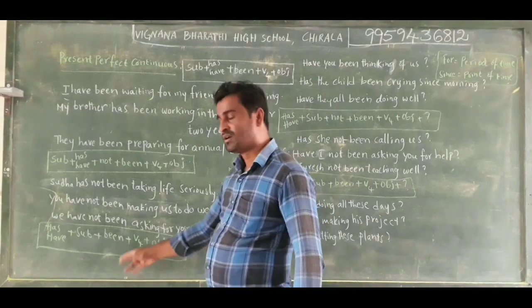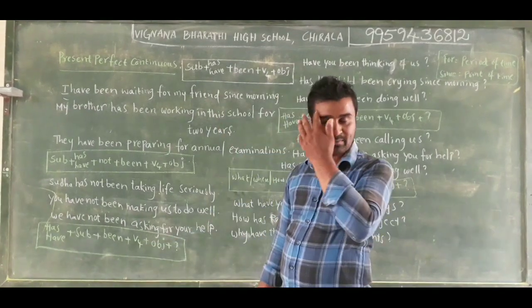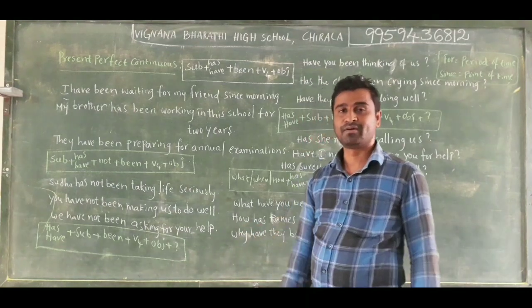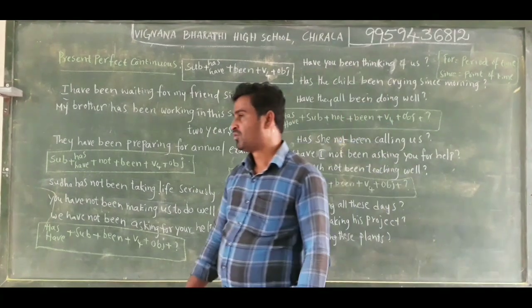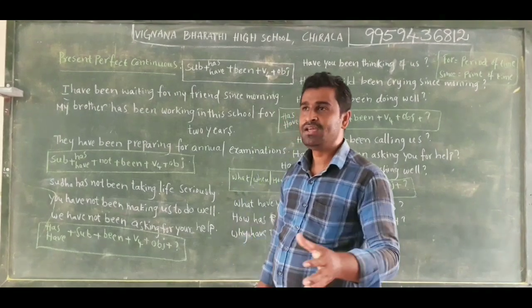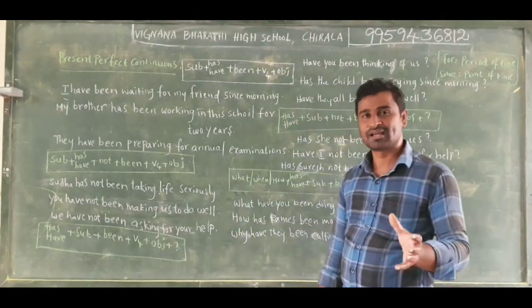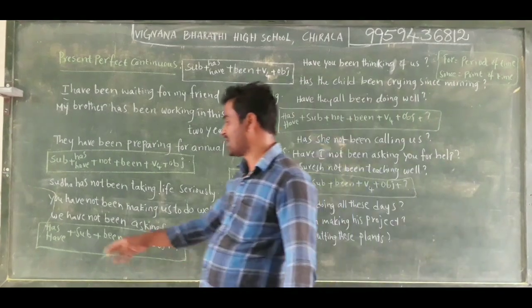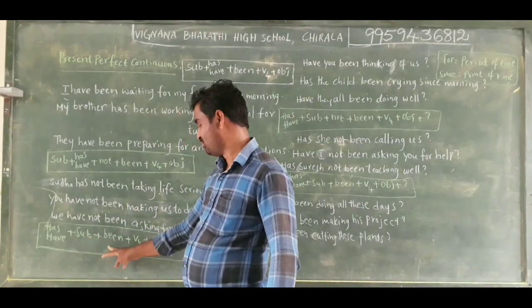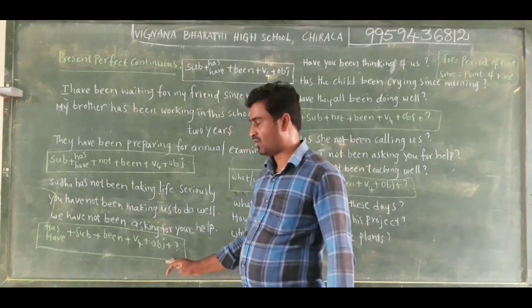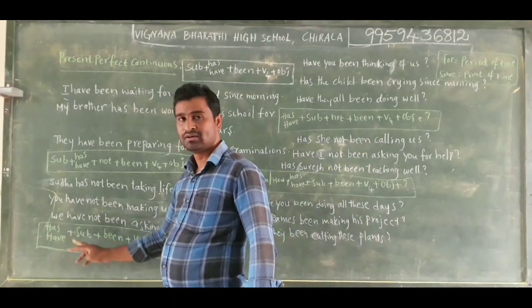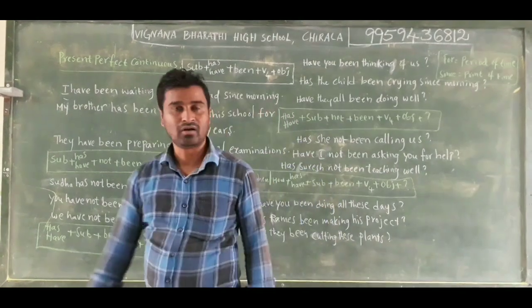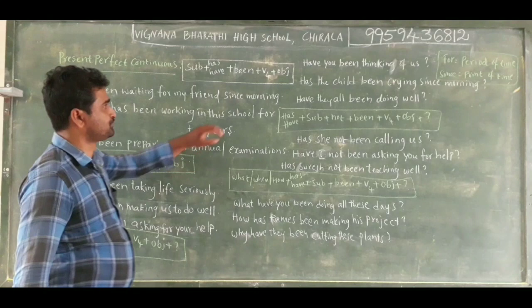If you look at positive yes or no type questions of present perfect continuous tense, as I said before, any yes or no type question we start with a helping verb. So has or have, subject, been, verb 4 and object. Look at examples.